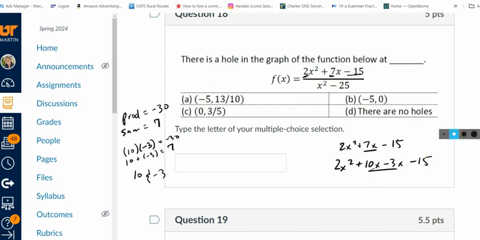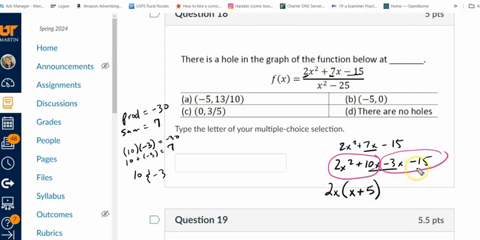And then I'm going to pair these up. Let's see what factors there, and what factors there. Okay. So I can factor out a 2 and an x. And with these, I can factor out a negative 3.